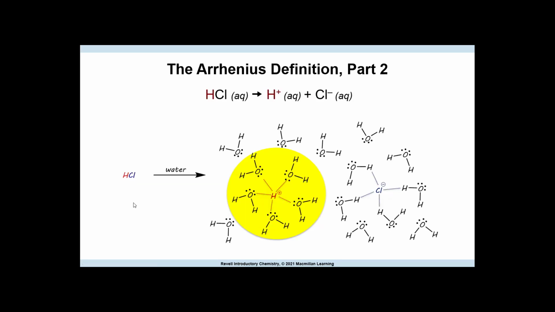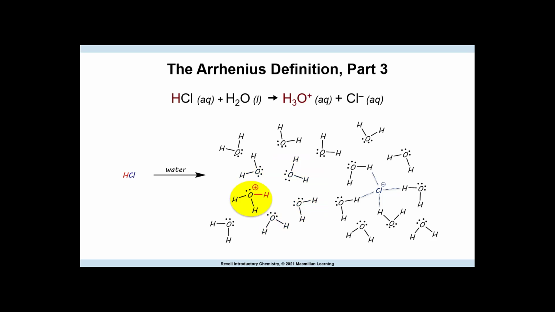In an aqueous solution, the hydrogen cation is stabilized by water molecules. We can represent this in two ways. Sometimes we show the proton as an unattached cation, or a cation with strong forces of attraction to several water molecules. We can write this reaction as HCl, and let me see if it shows on the next page.